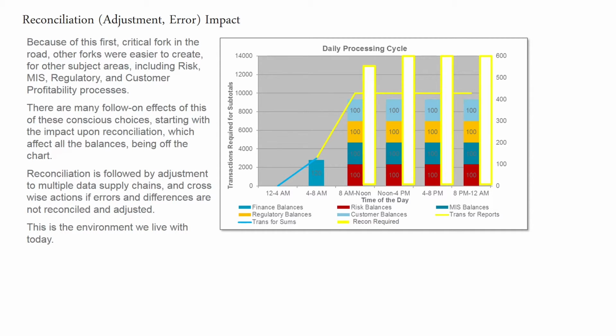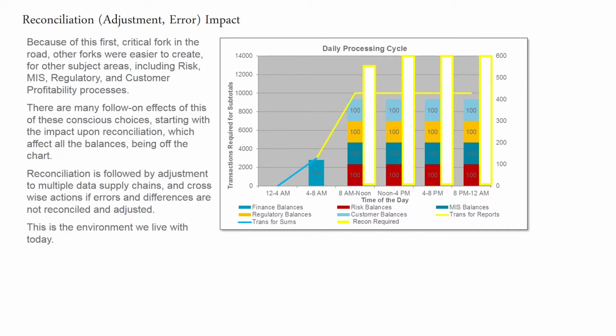What we do is we then take those transactions back and we apply them against balances from the prior day to make a new set of balances against new sets of attributes. These attributes can be things like customer balances, they can be risk balances, regulatory balances, all different kinds of things to make different attributes, different reports using different attributes against those additional attributes that aren't the critical attributes.